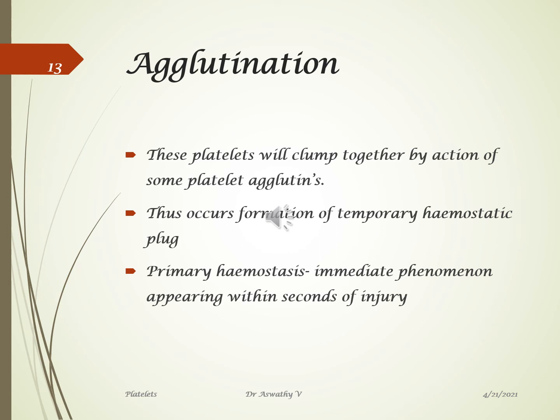So this temporary hemostatic plug will arrest the bleeding. This is an immediate response to an injury in the blood vessel. Why is it called temporary hemostatic plug? Because it could be washed away easily, not like the original clot. So before clotting takes place, first, immediately, there will be formation of the temporary hemostatic plug.